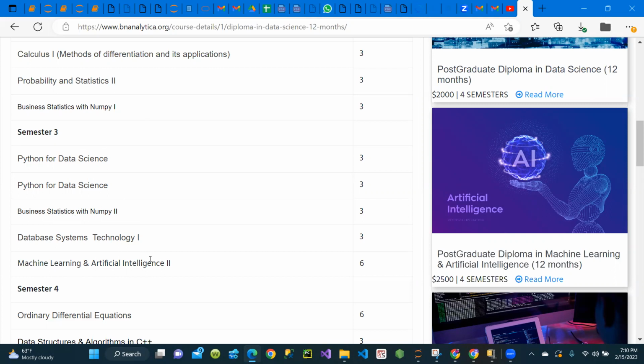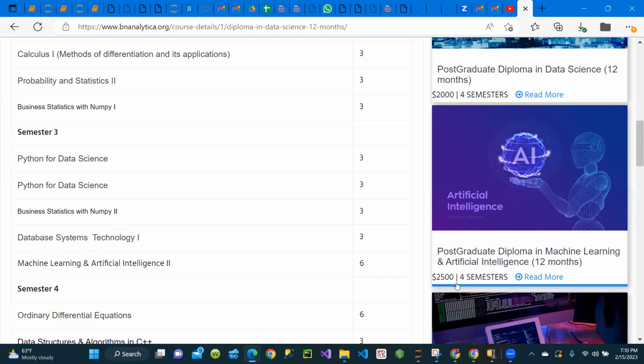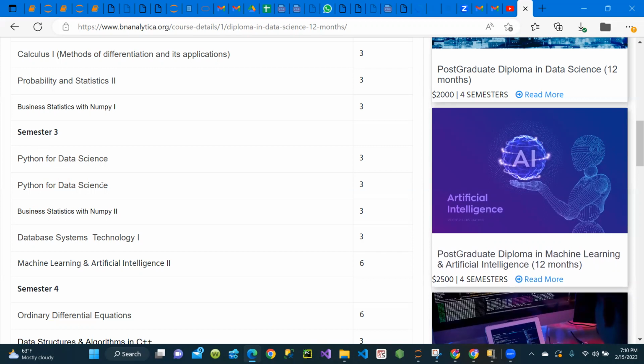So what we can do, let's say, if Python for data science is on a Monday, then business statistics with NumPy is on a Wednesday, and then machine learning and artificial intelligence is on a Thursday or a Friday. It can be the same teacher teaching the 2 classes, or there can be 3 different teachers and they coordinate with one another.